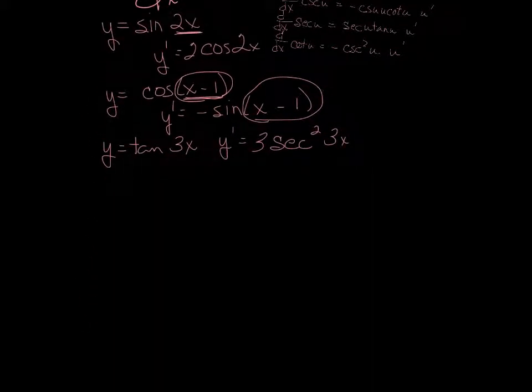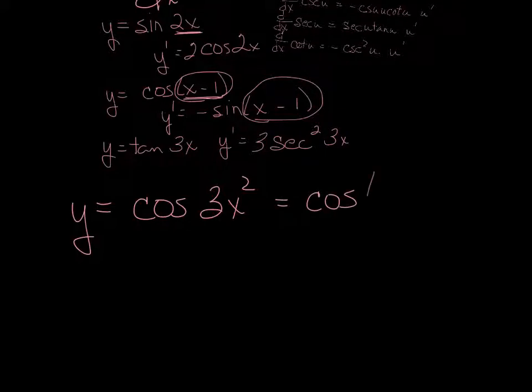For instance, if we have y equals the cosine of 3x squared, this is probably a preferable way to put it, with the parentheses, so that you realize that it's not x squared times the cosine of 3.